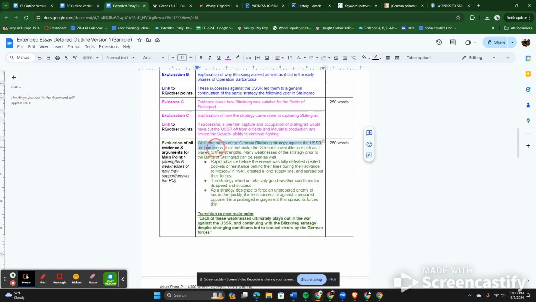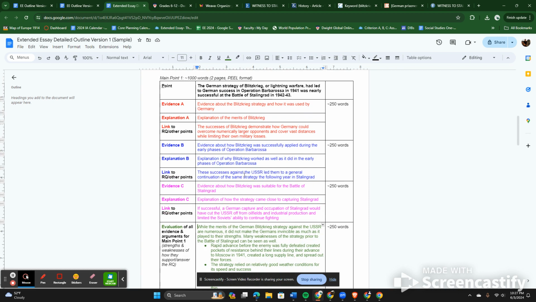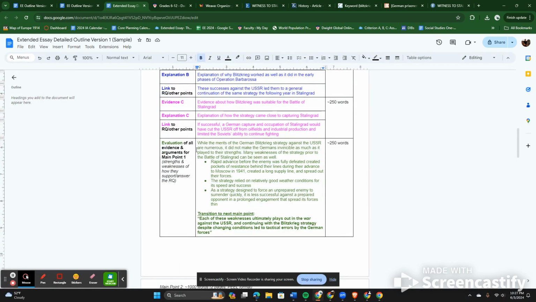And the last thing I just want to go over together is this evaluation part. So hopefully the evaluation makes sense with this example here. When you evaluate your point, I'm evaluating this, that Blitzkrieg led to success and was nearly successful in Stalingrad. Now I'm going to evaluate that. I'm going to say, well, wait a minute.